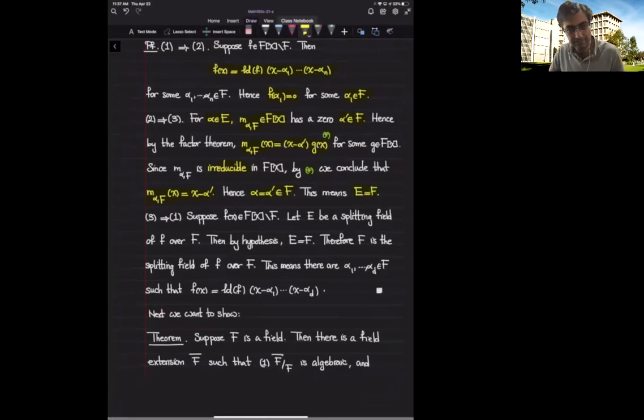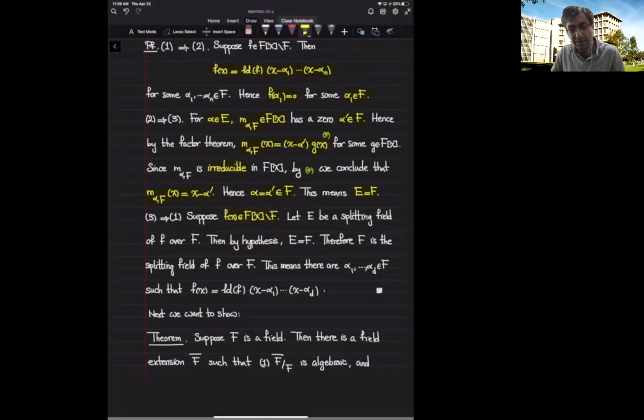Now let's assume that every algebraic extension is F. There is no non-trivial algebraic extension. I want to show that every polynomial splits completely inside F. So how do we do it? We start with a non-constant polynomial.